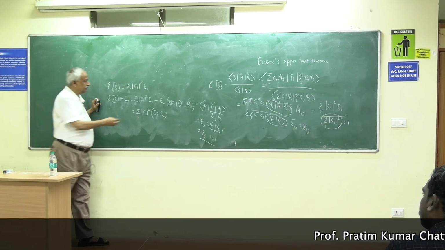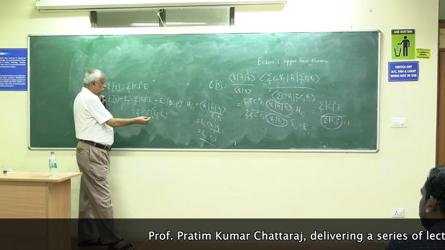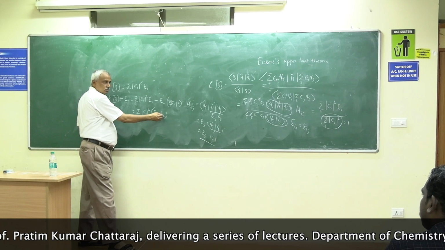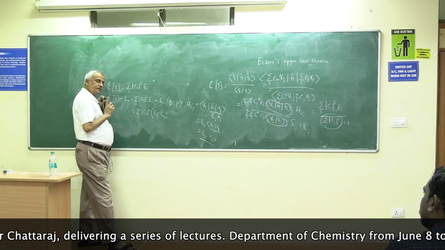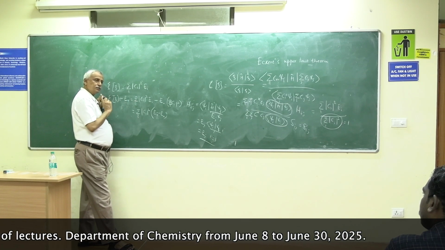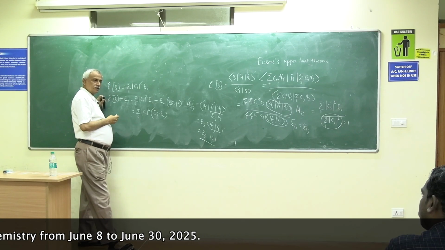Now here this one is quadratic, so it is positive. Sum of several terms, and Ei minus E0, only when it is E0 it becomes 0. In all other cases it is positive, because all other energy levels are above it.